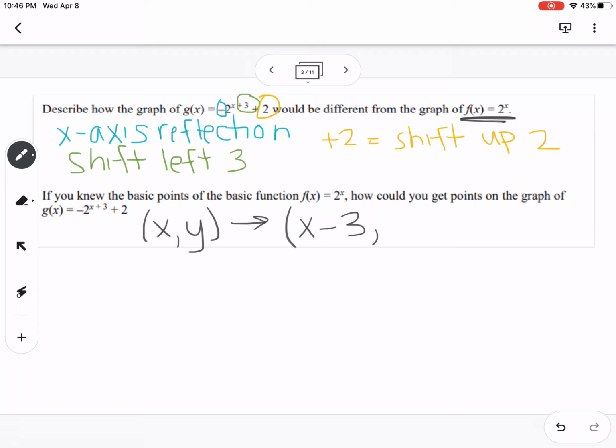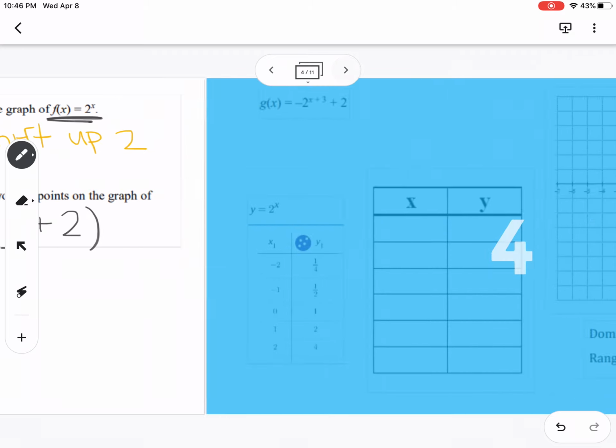And your y rule is going to be -y + 2, okay? So we're going to take the original values, and you're going to see the next slide. We're going to plug them in to get our new points, okay?